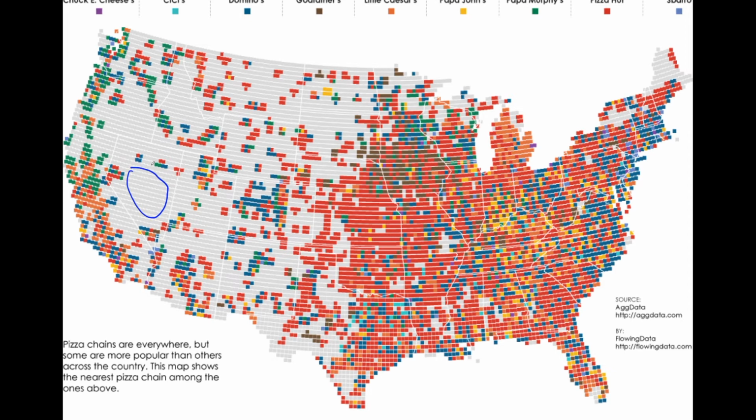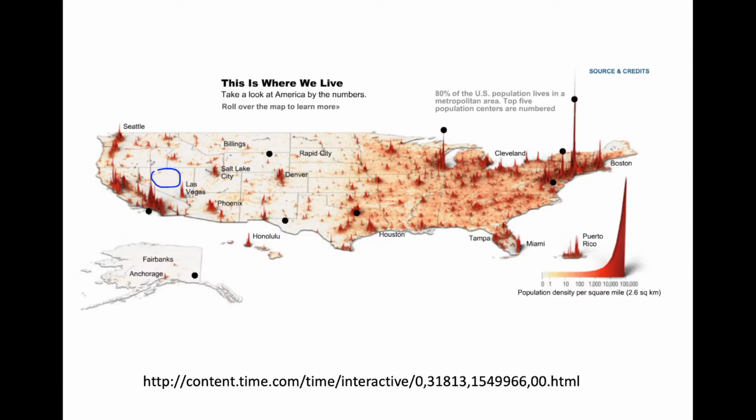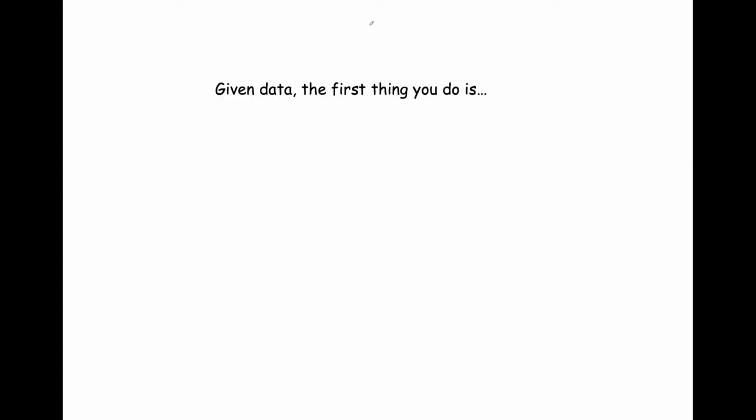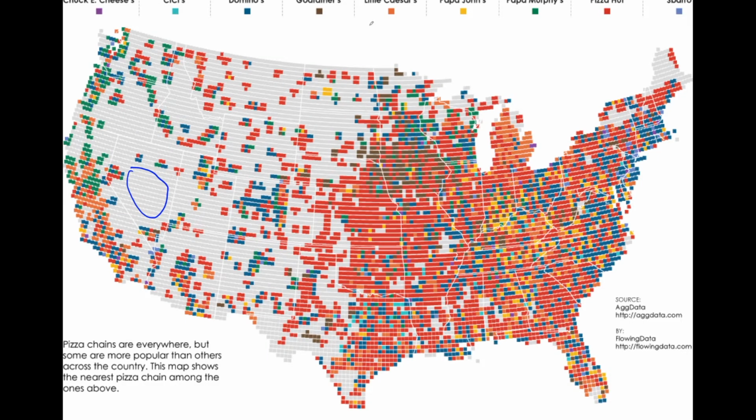And so that coincides very well and explains why there are no pizza shops there. Let's look at other parts of the country. If we look at parts of Maine, northeastern Maine, we see that there's very little population there. And we also see that there are very few pizza shops.